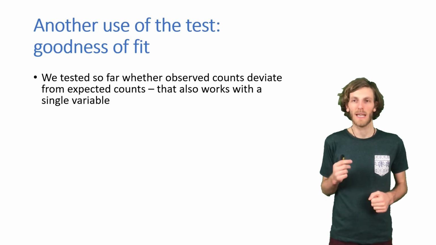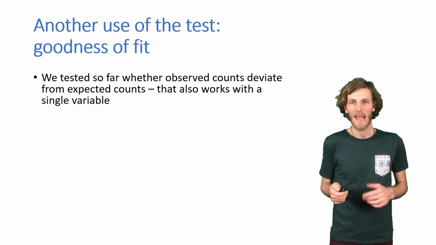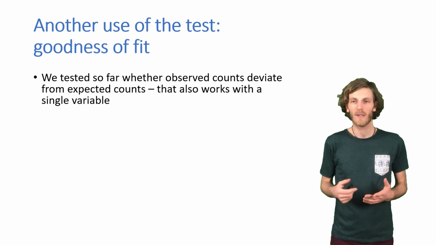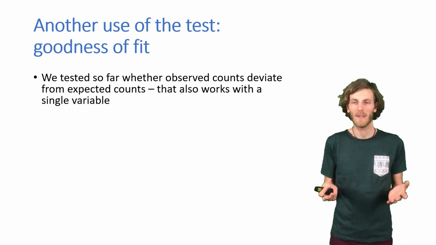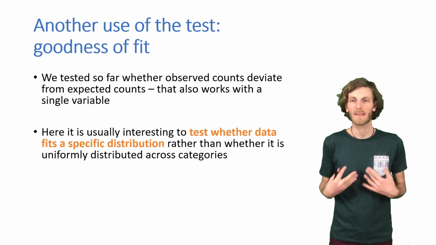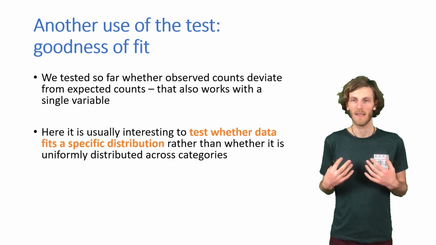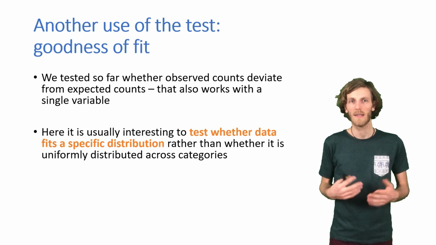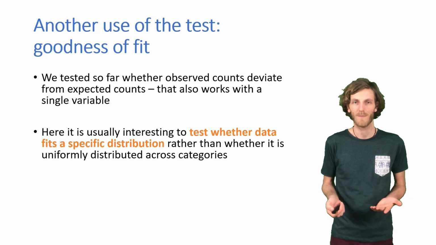But that also works if we only have a single variable. In there, usually, it's not so interesting to test whether the variable is evenly distributed, but whether the distribution follows some expected given distribution. Some set of proportions, for example.